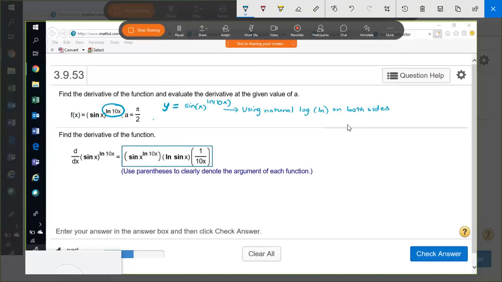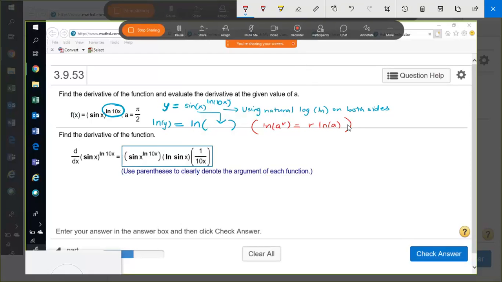I get ln of y equals ln of whatever your function is, all of this right here. But there is a property of natural log which I'm going to use here: natural log of a to the r is r natural log of a. So the exponent comes up in front.